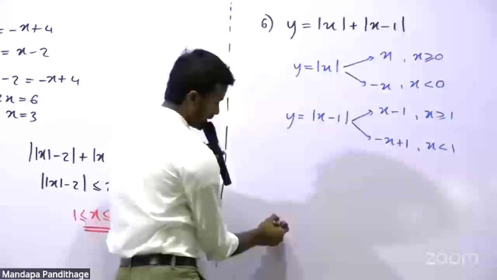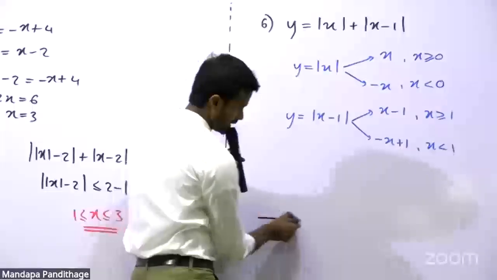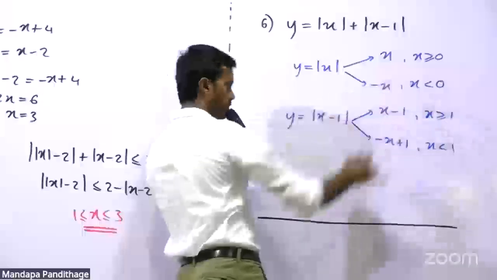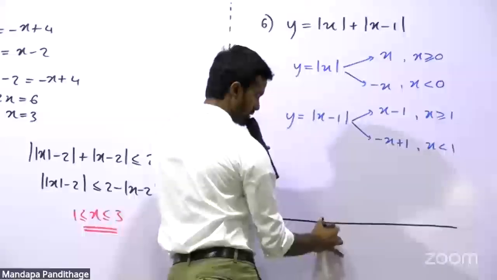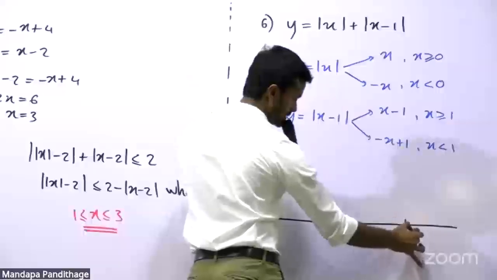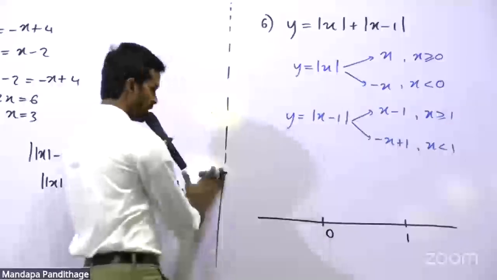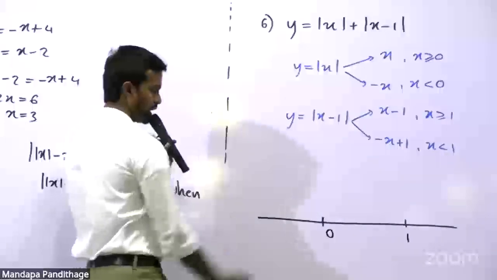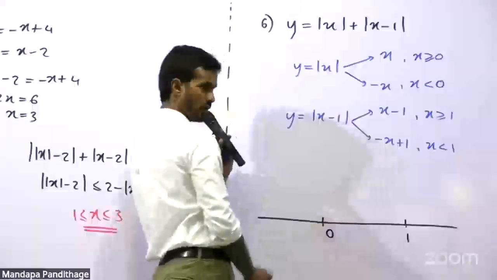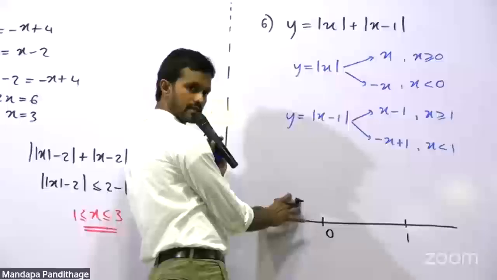Now this is what we do. I take a number line and I'm marking the two turning points. This is x equals 0 and this is x equals 1. After marking the two turning points, we have three ranges. One range is less than 0.